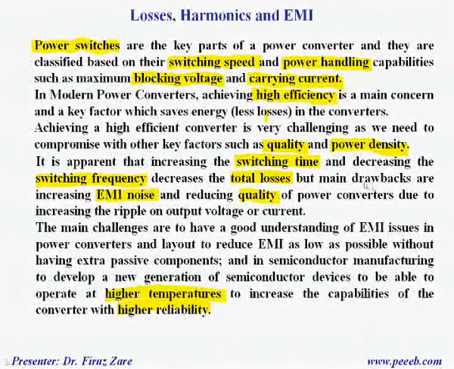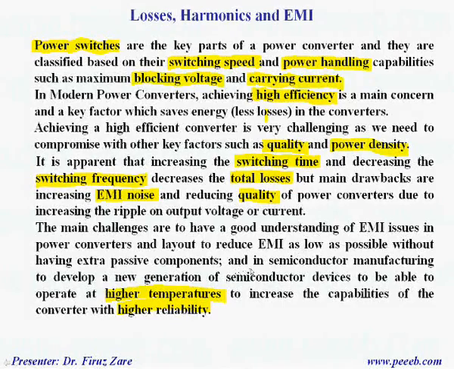It's apparent that increasing the switching time and decreasing the switching frequency decrease the total losses, but the main drawbacks are increasing EMI noise and reducing quality of the power converters due to increasing the ripple on the output voltage or current. The main challenge is to have a good understanding of EMI issues in power converters and layout to reduce EMI as low as possible without having extra passive components.